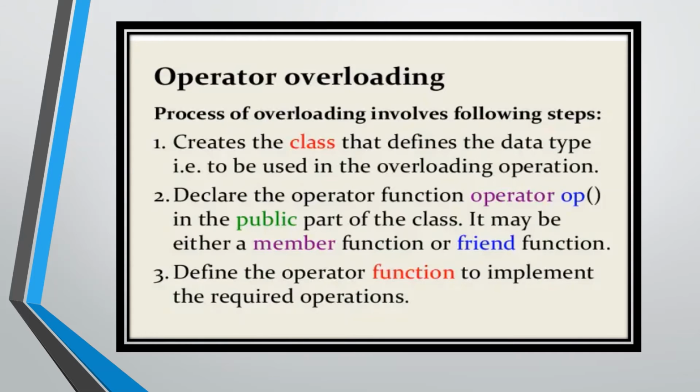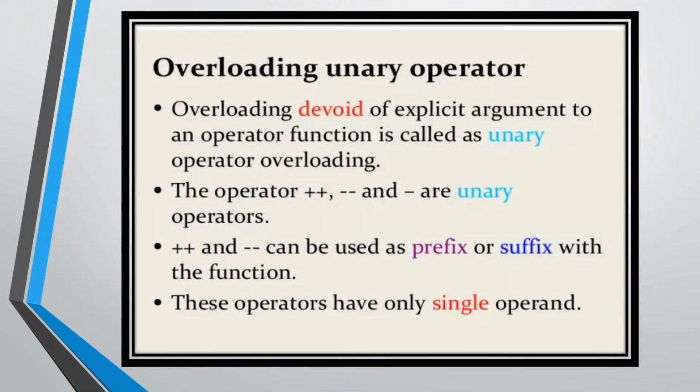Now we'll see about the overloading of unary operators. What does overloading of a unary operator mean? The explicit argument to an operator function is called unary operator overloading. The operators will be, as I told, plus plus, minus minus, or minus, which are unary operators, and plus plus and minus minus can be prefix or suffix with the function.